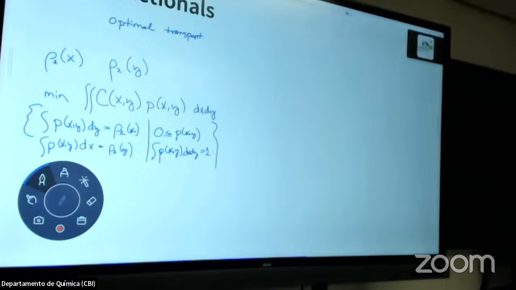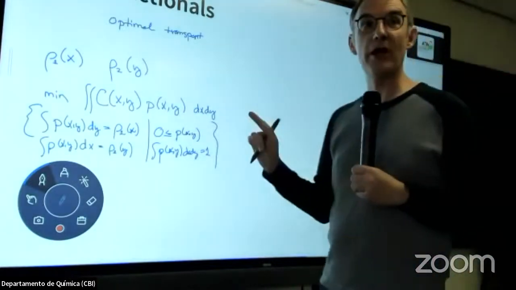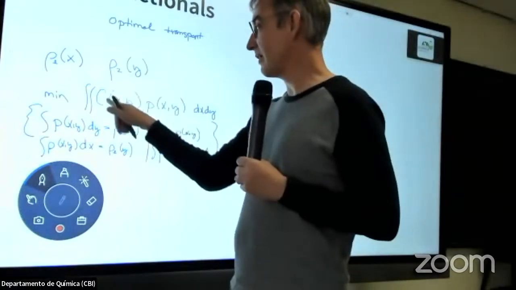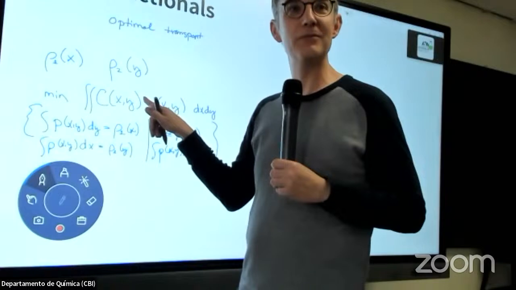So maybe it's not obvious why this is really interesting yet, but now let's think about quantum optimal transport. I should start by saying they call it quantum optimal transport. Quantum optimal transport just means that everywhere you see a function, replace it with a matrix, right? So that's what they're doing.